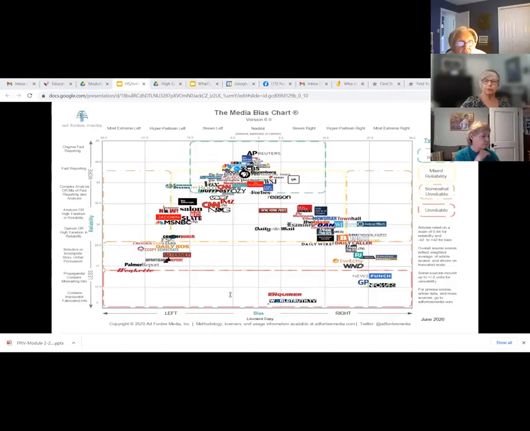The tan frames to the left and right indicate hyperpartisanship, the most extreme sources of information. The yellow box in the center indicates sources with mixed reliability. The yellow box at the bottom indicates sources that provide only selective or incomplete information. And the brown box at the bottom indicates that the source most often contains inaccurate or fabricated information.